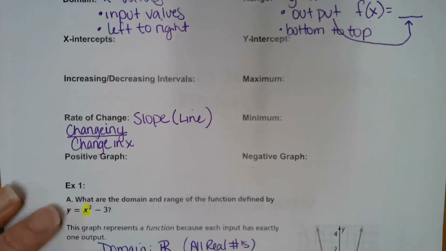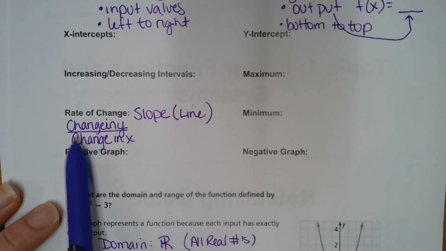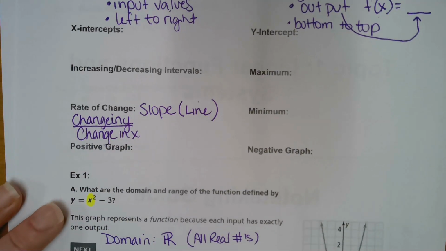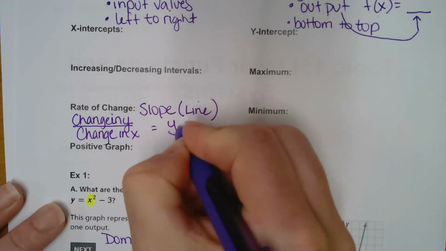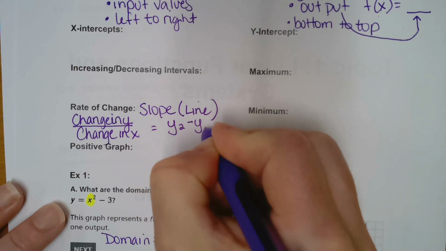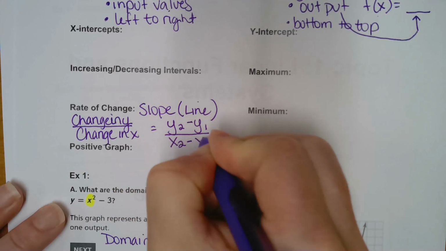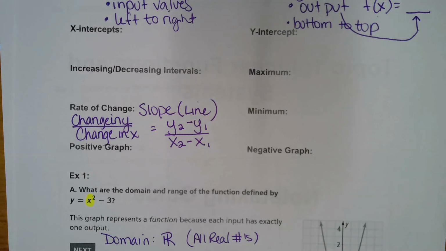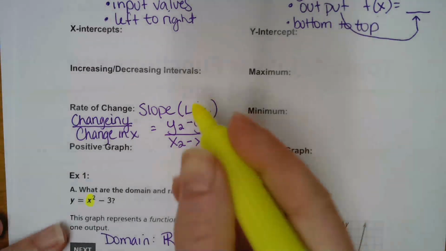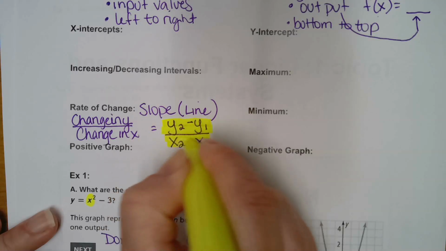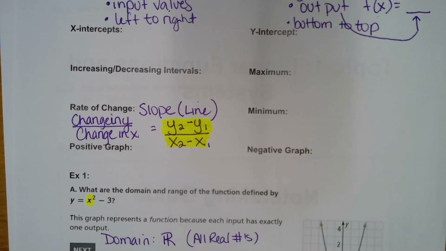Sorry, that looks all like one word, doesn't it? Change in y, I didn't space that enough, over the change in x. So you may have heard this referred to as y2 minus y1 over x2 minus x1. So just because I have a lot going on there, if you want a formula for rate of change, that would be the formula for rate of change.